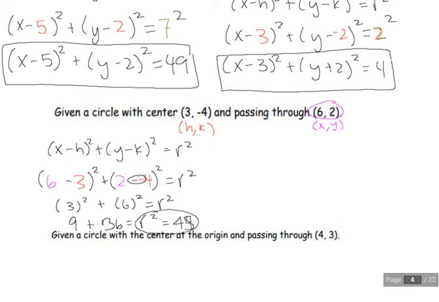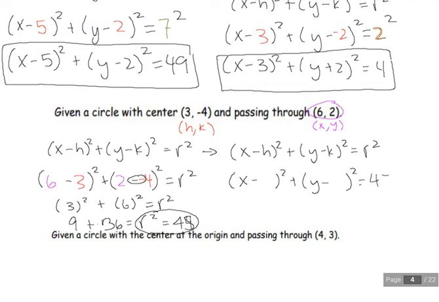All right, so going back to our equation. Okay, we're going to keep the x and y because we're reverting back to a general equation. And the r squared value we just found to be 45, so we can keep it as a 45.